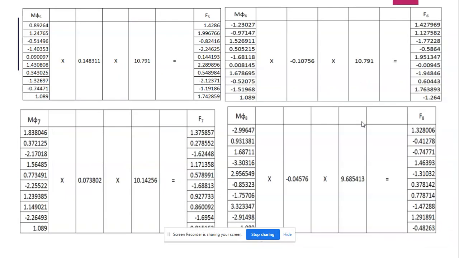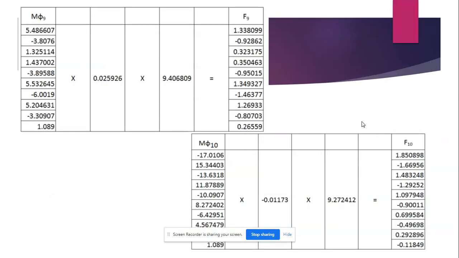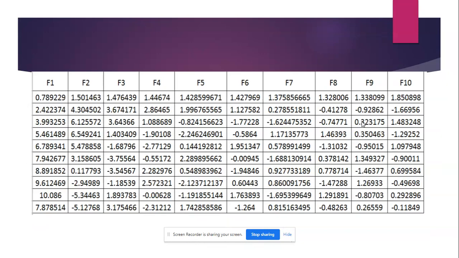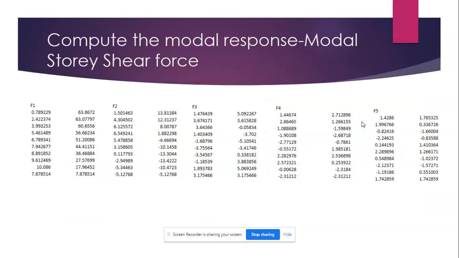And here is the process to get F1 to F10 and also their answers. And we have here the summaries of all lateral forces.